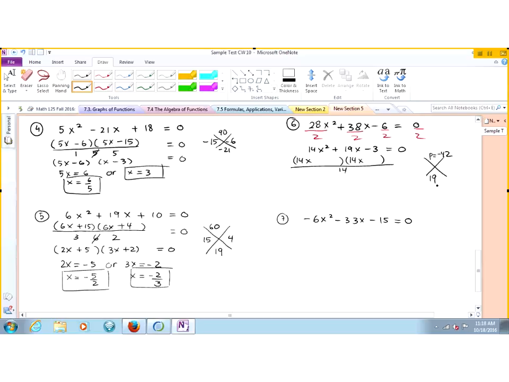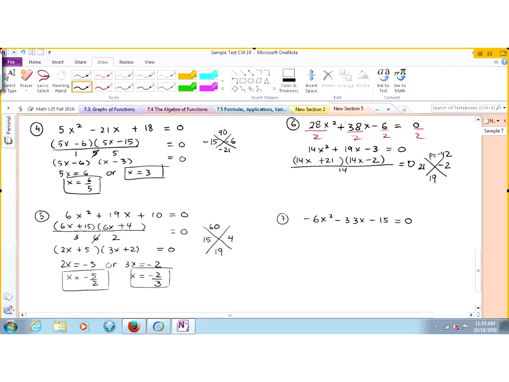No. 21 times 2, but it doesn't work, right? Is it? Oh yeah, it is. 21 and 2, so 21 and negative 2. If you multiply, this is negative 42. If you add, this is 19. So plus 21 minus 2 equals 0.